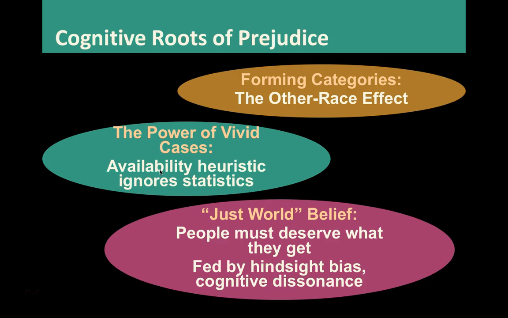And in the past, we've talked about the just world, the belief in a just world, this self-serving bias that we get what we deserve and we deserve what we get. It's a just world. Remember that, belief in a just world.